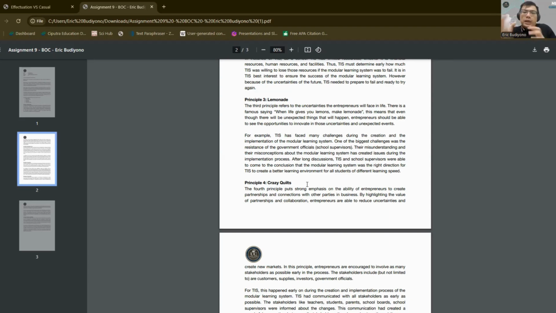So based on that understanding, the school supervisor said, okay, I still don't understand it, but I will support you. I will support your school in changing to the modular system. And that's great. Yeah, that's very great.